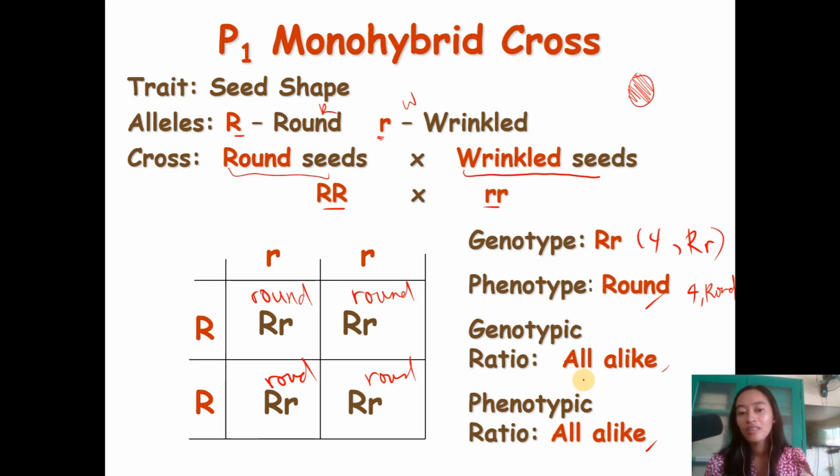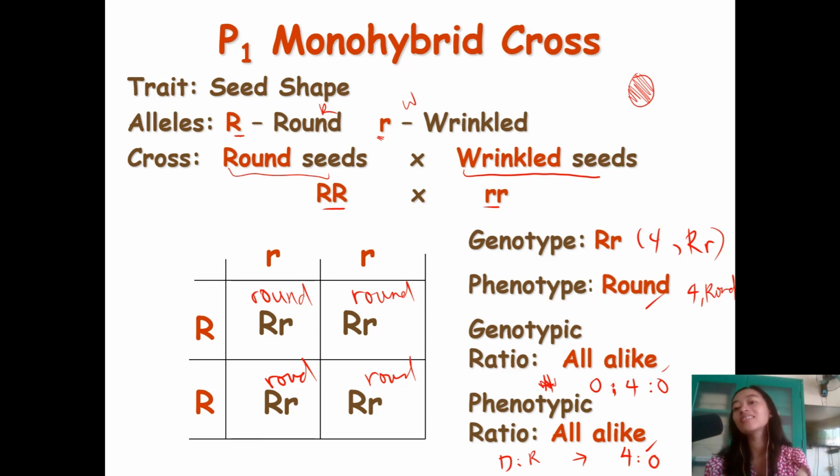So the combination: homozygous dominant is 0, heterozygous is 4, and homozygous recessive is 0. Then phenotypic ratio, dominant to recessive: you write how many dominant, four, and the recessive that appears, 0, none.